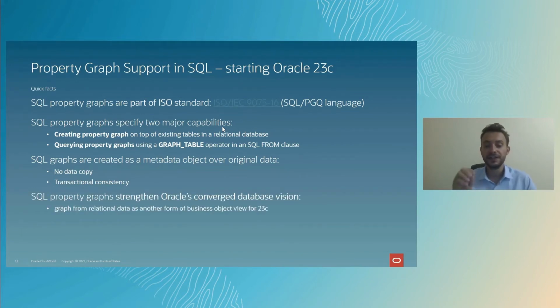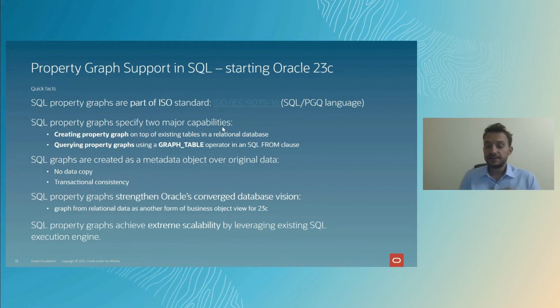Okay. The SQL property graphs strengthen Oracle's converged database vision. You will see later that we will show some examples on how you could use graphs on top of JSON data stored in relational tables. And then last but not least, we execute SQL graph queries by translating them to SQL.